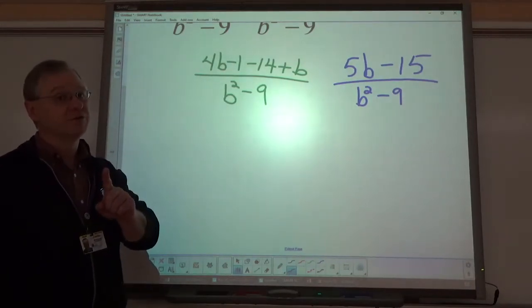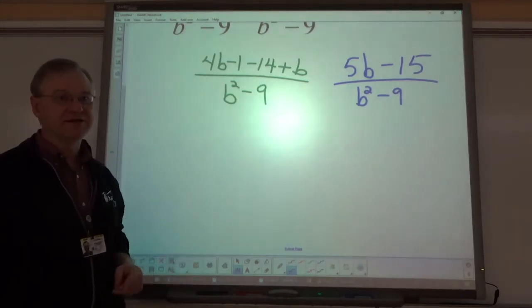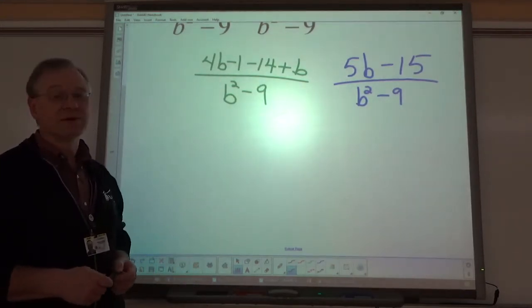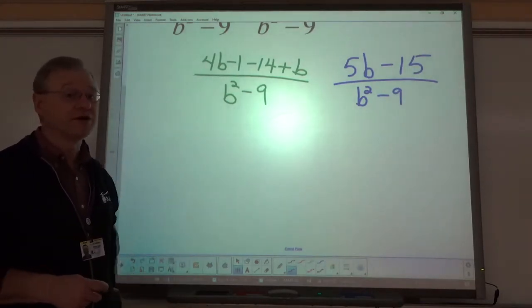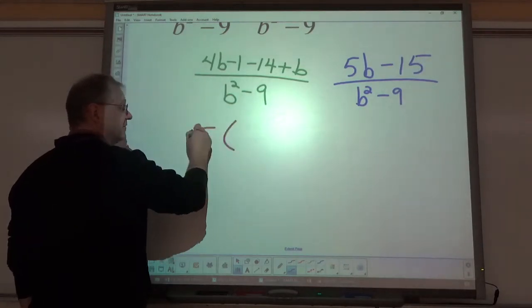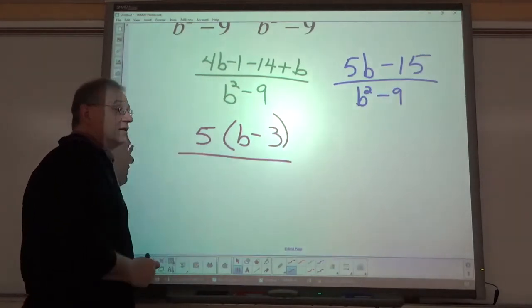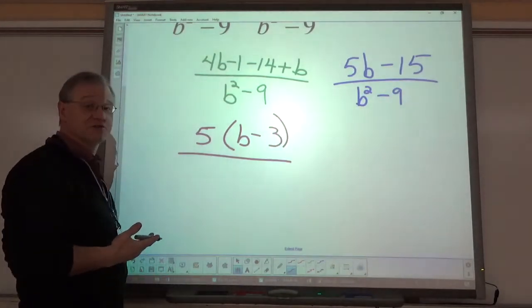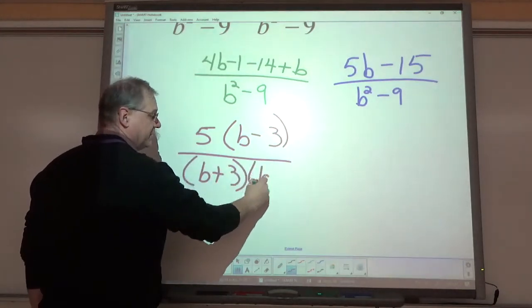What do we have to do? Well, if you look back at your simplify, multiply, and divide sections, you remember we have to factor completely the top and the bottom, or numerator and denominator. So on top I can factor out a 5, and that leaves me with b minus 3. On the bottom, hopefully you remember that's a difference of two squares: b plus 3 and b minus 3.